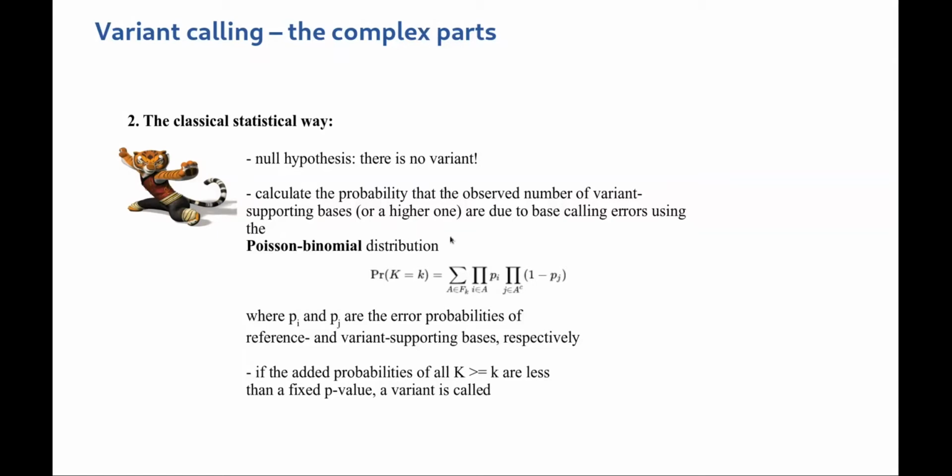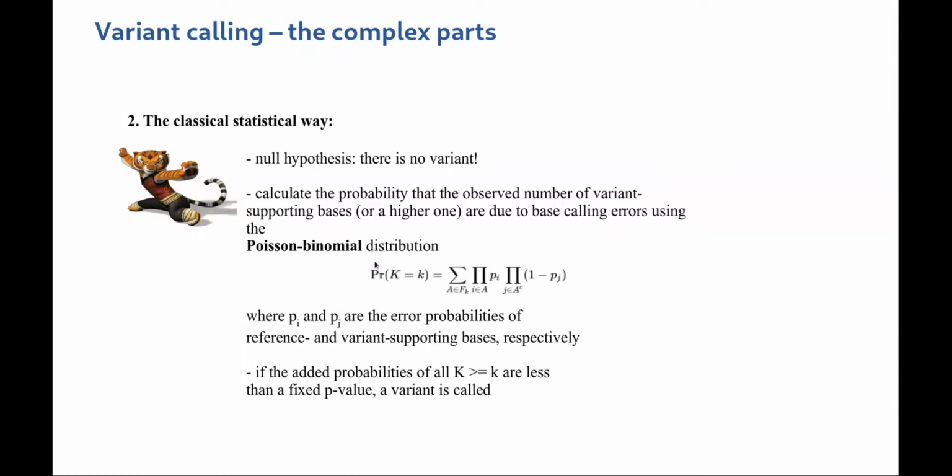So what you would do is calculate the probability that the number of variant supporting bases, or an even higher one, that you're observing at that site in your actual data are simply due to base calling errors. And for this, you can use the so-called Poisson binomial distribution. It has this complex formula. It's a well-known distribution.